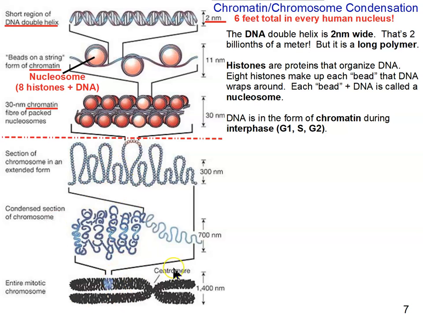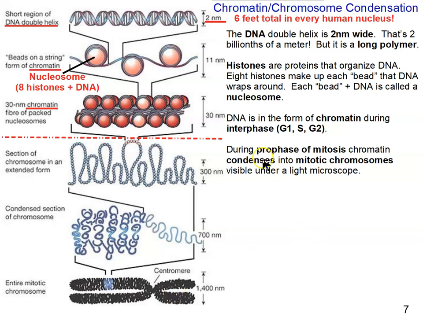This is what we're talking about when we talk about condensation. When the chromosome condenses, the chromatin folds up, coils up into a chromosome. That's condensation. That happens during prophase of mitosis, the chromatin condenses into mitotic chromosomes. That's what we're looking at here, a mitotic chromosome that's visible under the light microscope.